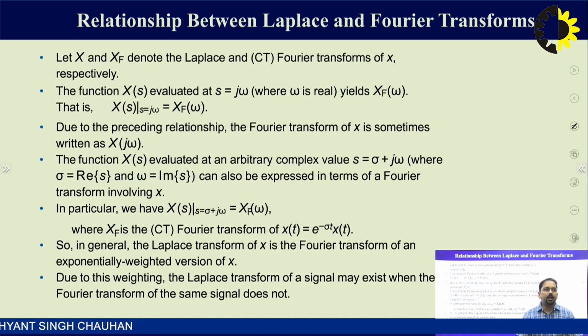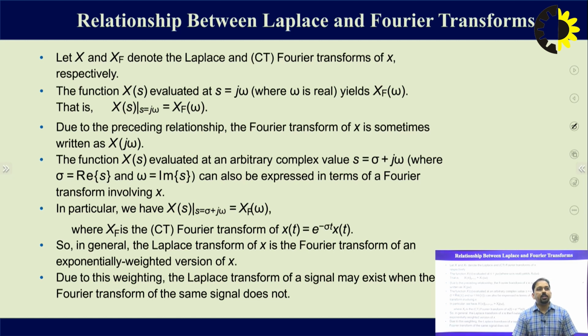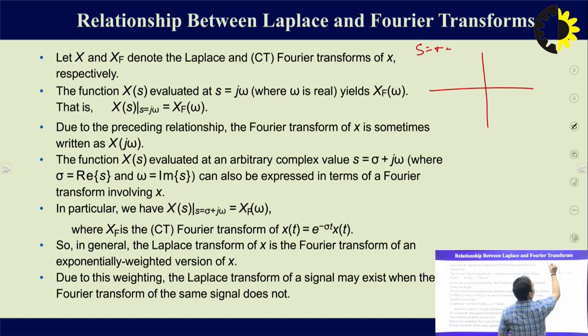Next, we want to see the relationship between the Laplace transform and the Fourier transform, because as we all are aware, the Fourier transform is a special case of the Laplace transform. In the complex s plane, we have s equal to sigma plus j omega, where sigma is the real part and j omega is the imaginary part.